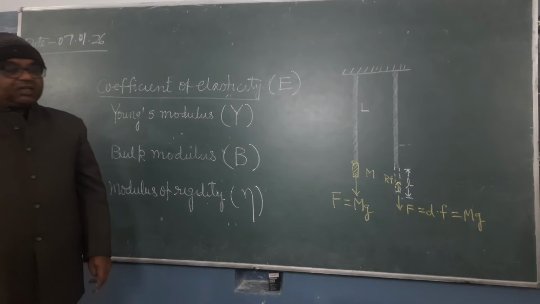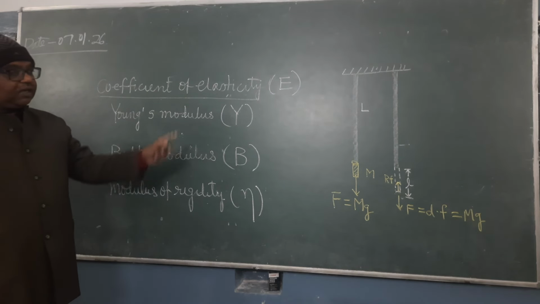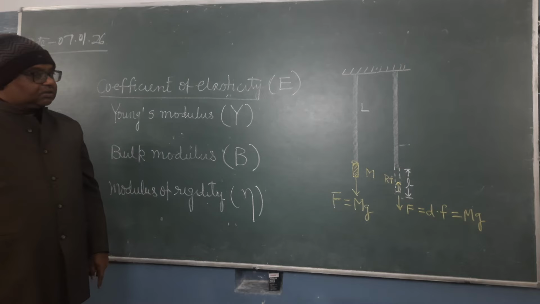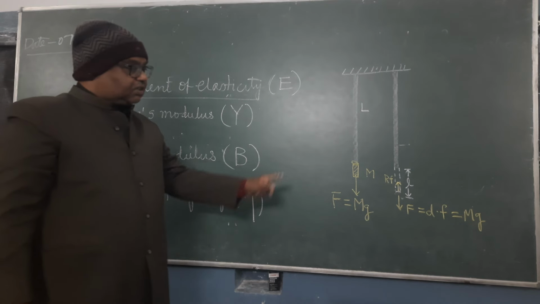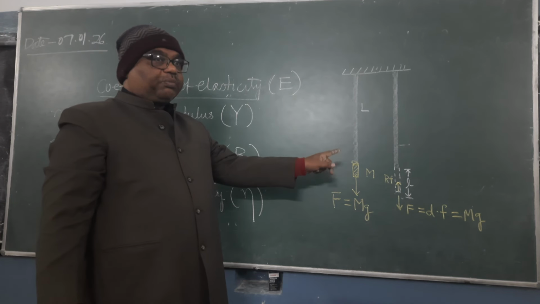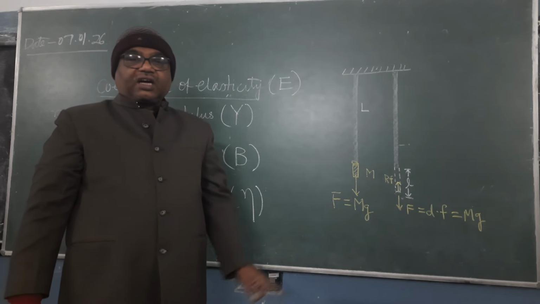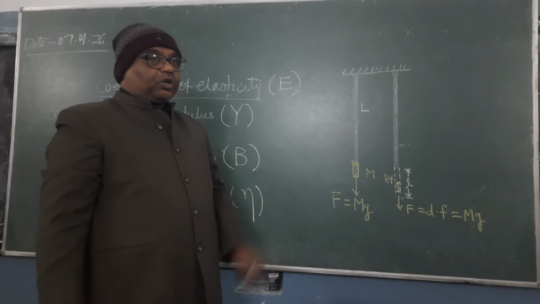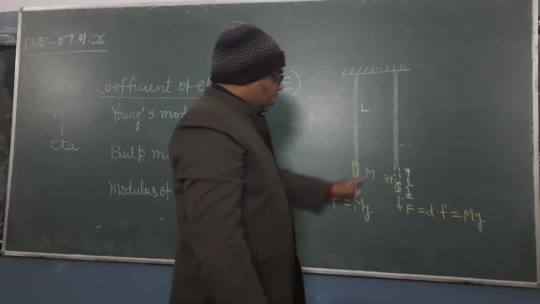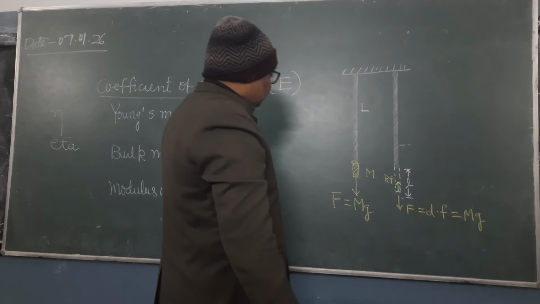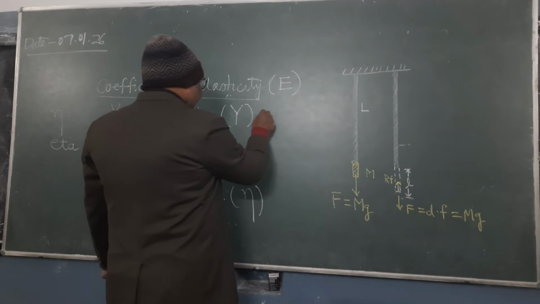It's clear? So see here, the longitudinal stress will be the restoring force upon the area of cross section, and the restoring force is equal to mg. Means what will be the stress here?